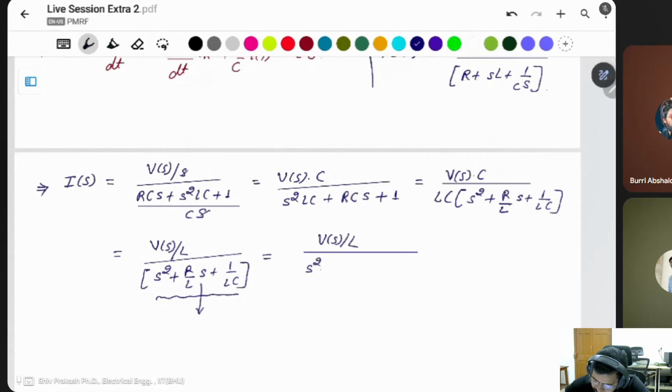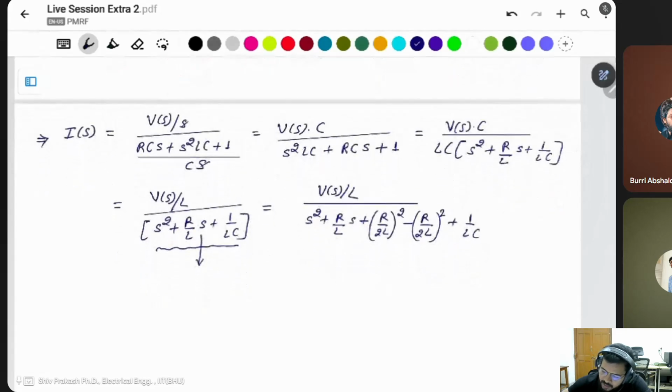This will be s square plus R by L s plus (R by 2L) square minus (R by 2L) square plus 1 by LC. You can see this: s square plus (R by 2L) whole square plus 2ab. This is a square, this is b square, and this term is 2ab.